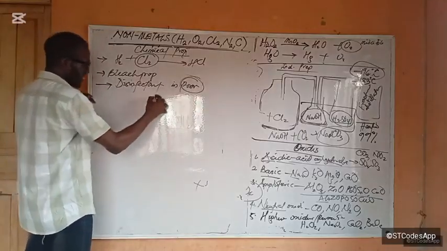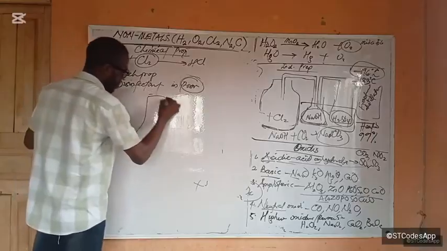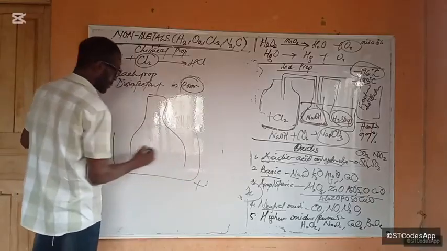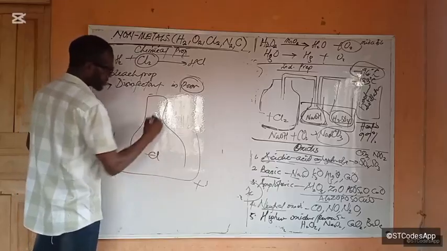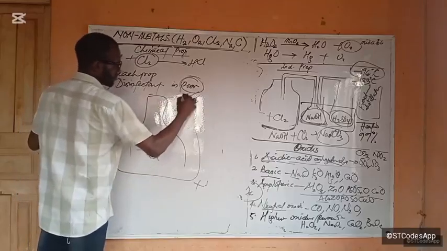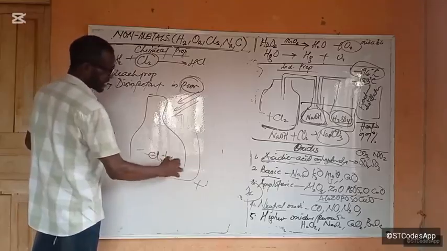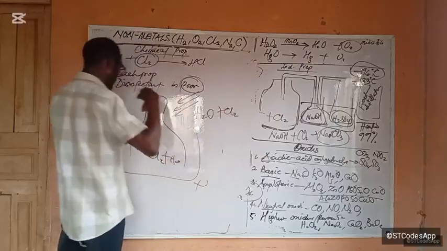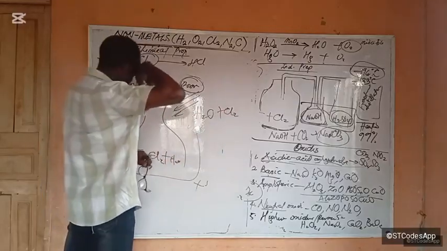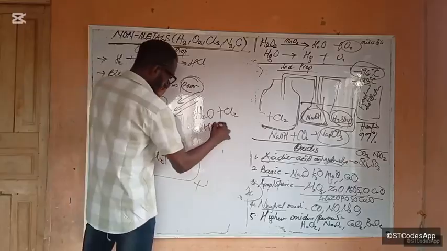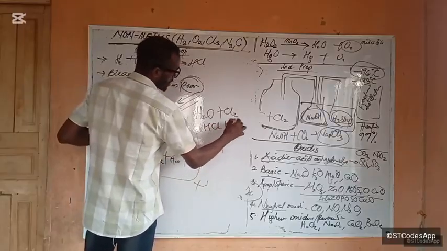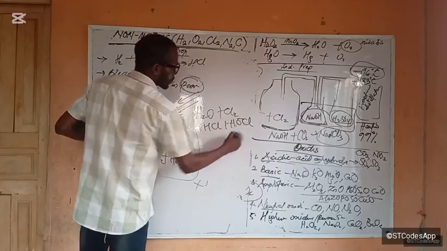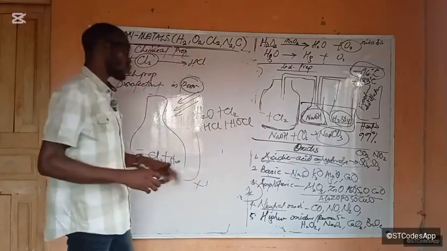If you put chlorine inside water, in the presence of sunlight, chlorine gas will react with water. When they react, it's going to form HCl and hypochlorite. Hypochlorite is also called oxochlorate one.